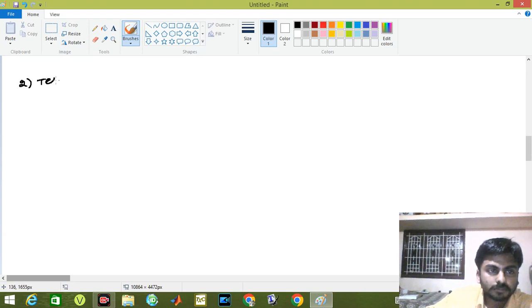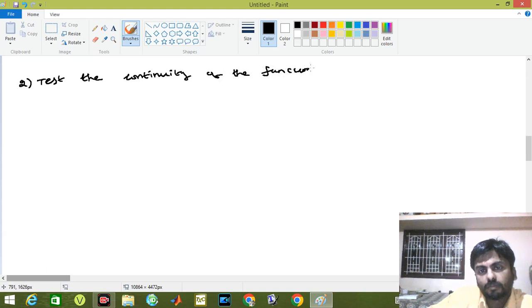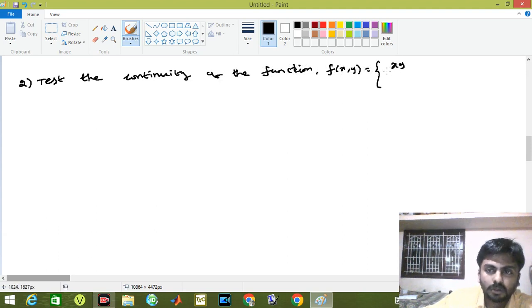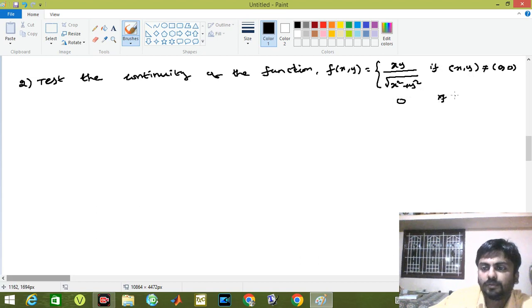So test the continuity of the function. Test the continuity of the function f of x comma y equal to xy divided by root of x square plus y square, if x comma y not equal to 0 comma 0, and it will become 0 if x comma y equal to 0 comma 0.